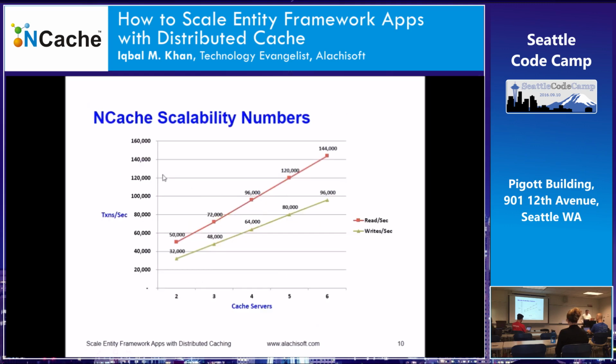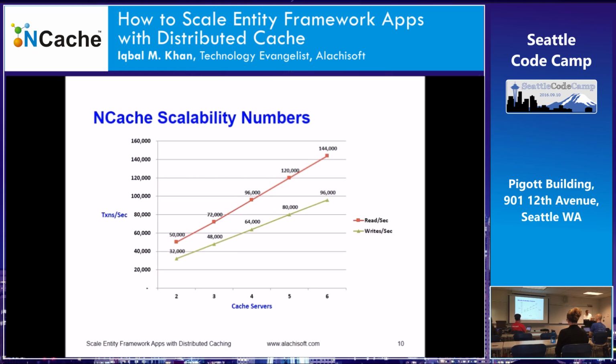Here are some scalability numbers: with a cache, you pretty much get a linear curve, or line, not a curve, in terms of your read and write capacity. Let me come back to one point about a standalone in-proc cache. If you had a standalone cache, let's say an ASP.NET Cache object, you would probably get faster performance than this on a single server box, but it will not scale because, as I said, the updates are not synchronized.